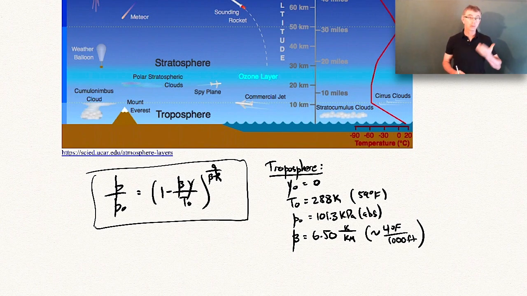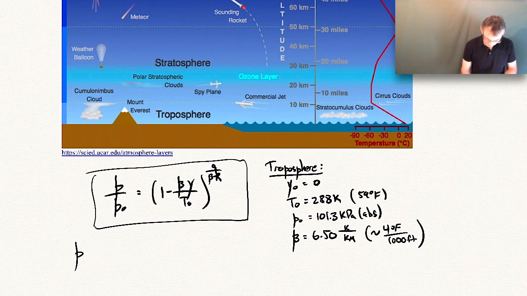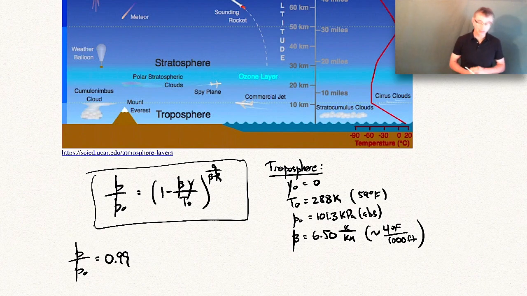Okay. So now that we have that relation, this is how the pressure varies in the troposphere as you go up or down in altitude. What I want to do is see how far we have to go up in altitude to drop the pressure by 1%. So to do that, I want to know when the pressure is 0.99 compared to the sea level pressure. So it's just a change of 1%.